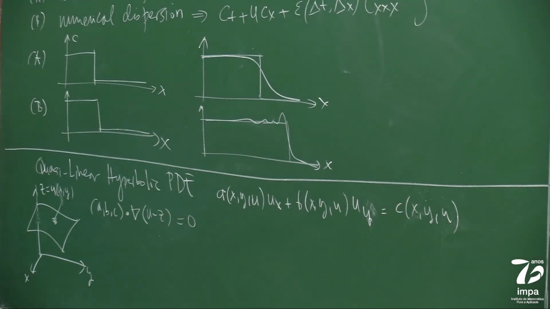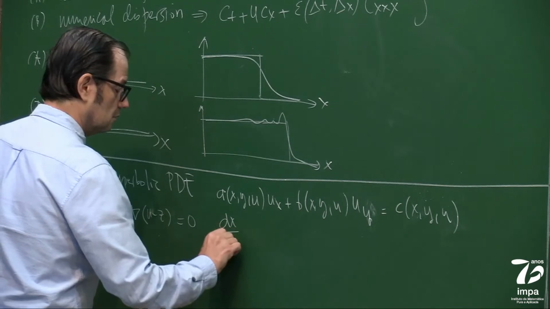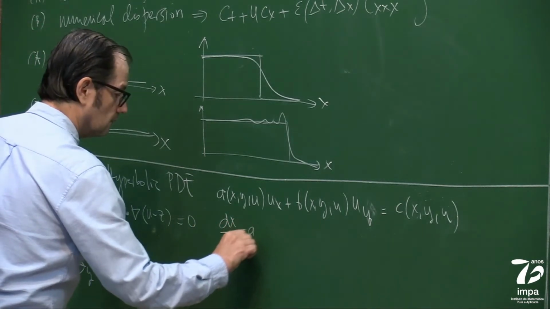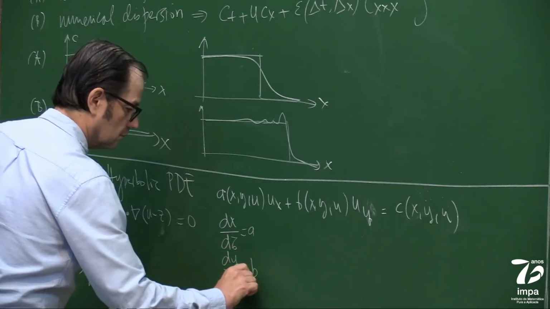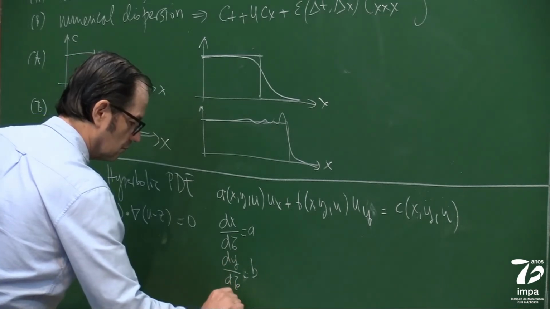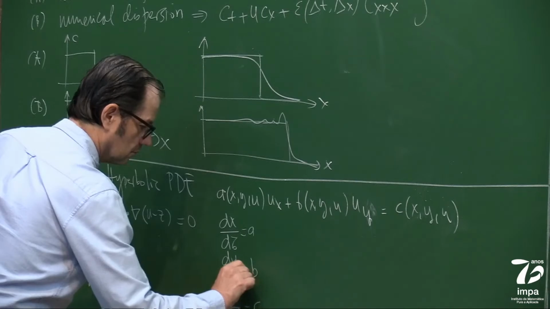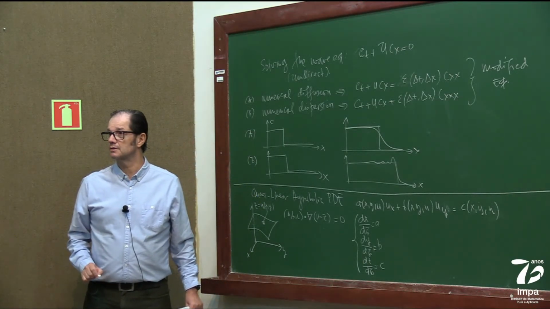If I call this S, just putting it very quickly. And from this, we get the characteristic equations. Let's see the notation I'm using, tau. Okay, so everybody familiar with this?